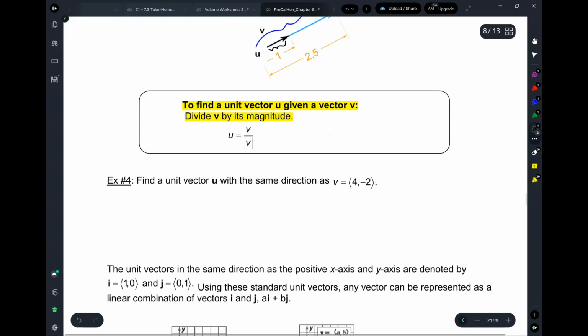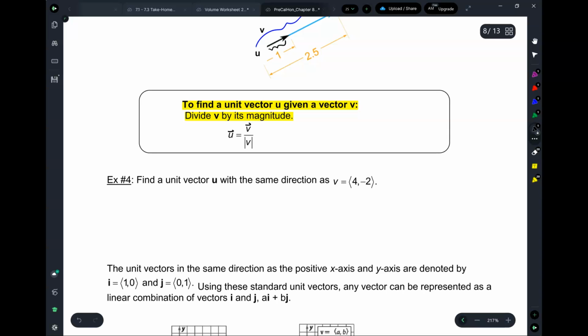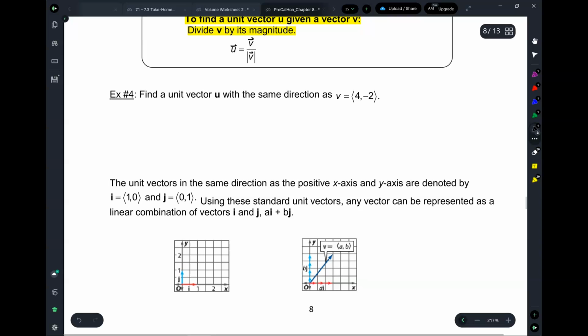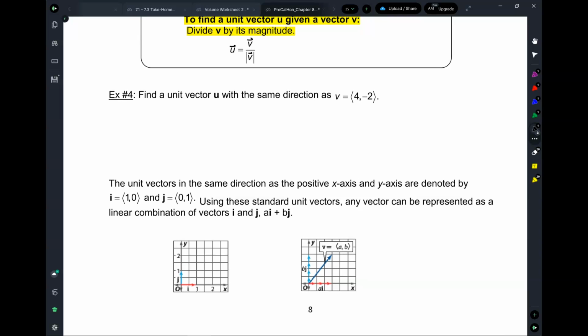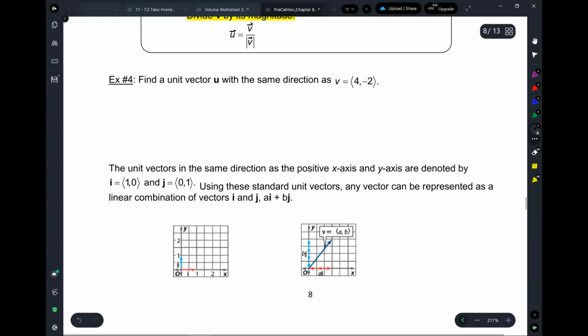Actually, these all need little arrows. So u is vector v divided by the magnitude of itself. Yes. So it only ever has the brackets rather than the magnitude? The vertical bars, you mean? Correct. The magnitude of u is always 1. Okay.